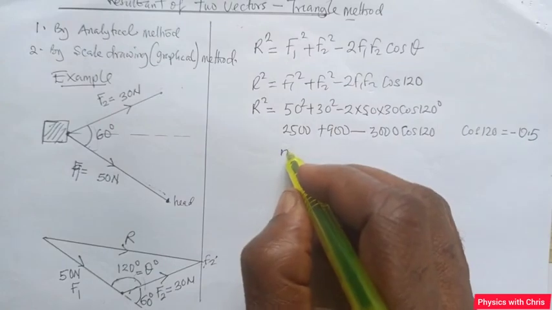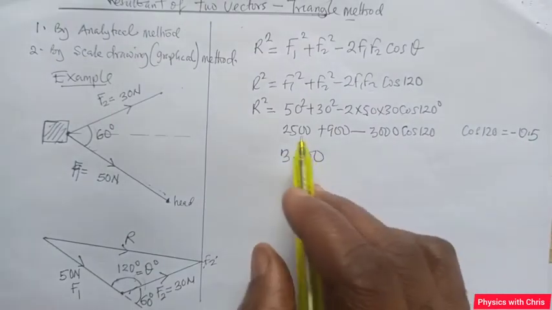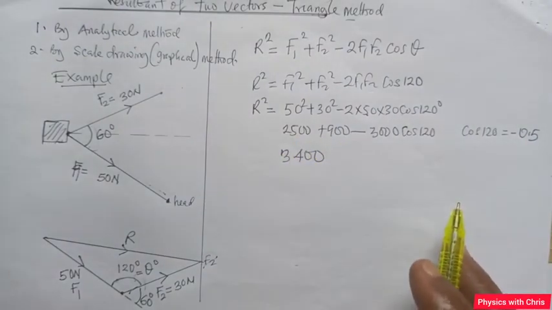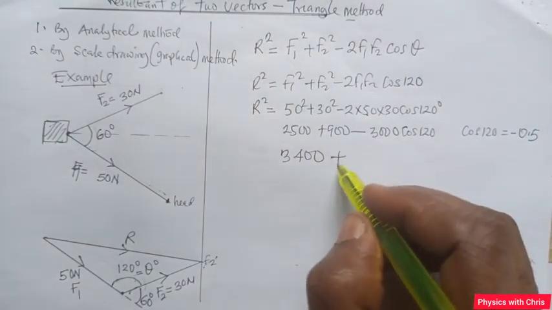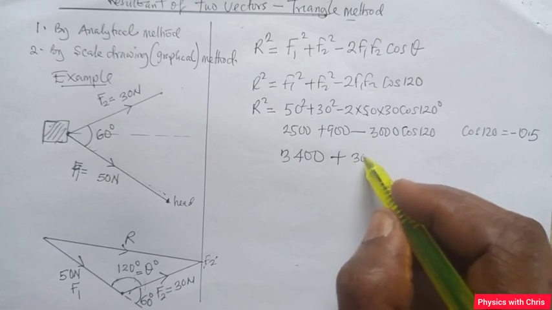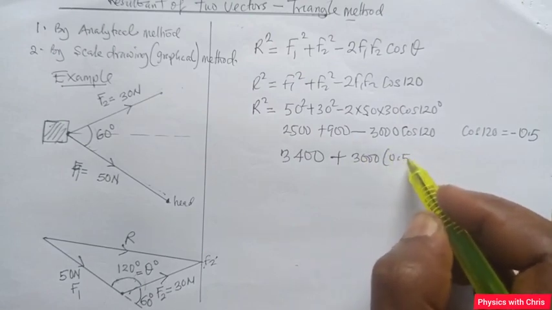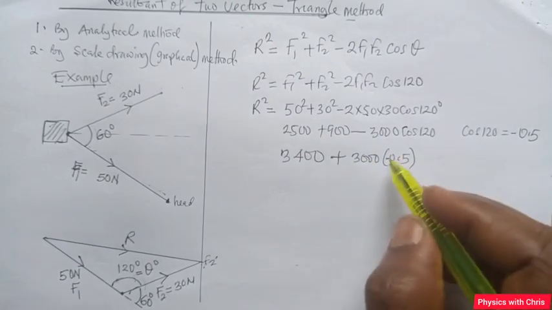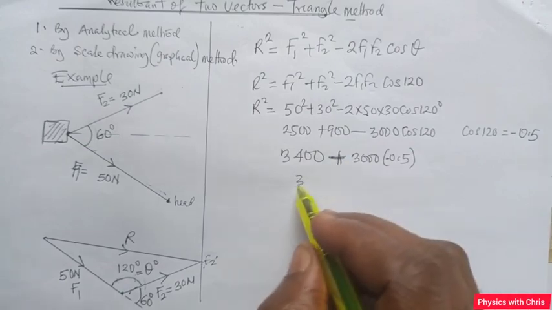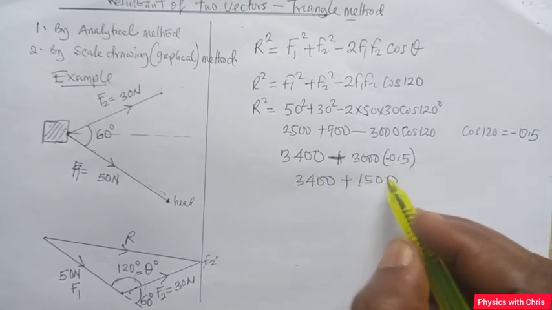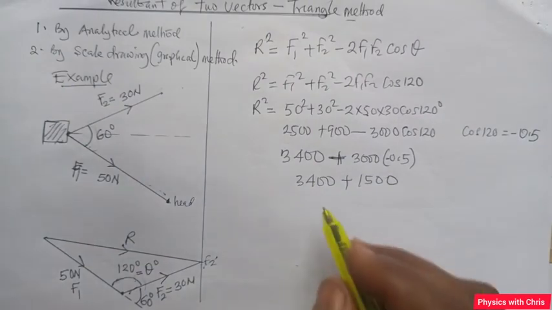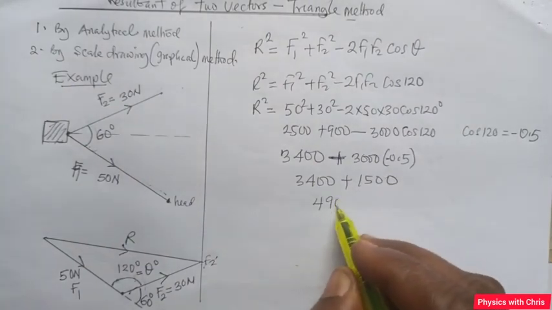You can confirm that on your calculator. That gives me 3,400, that is 2,500 plus 900, minus 3,000 times 0.5 negative. Sorry, I've already made this positive. So that gives me 3,400 plus 1,500, which adds up to 4,900.